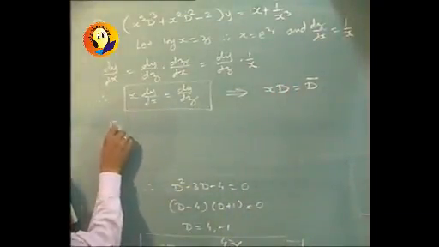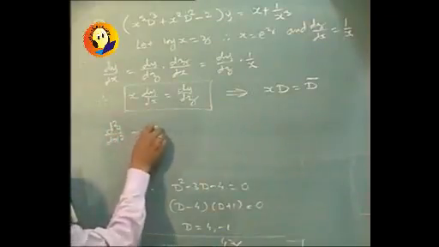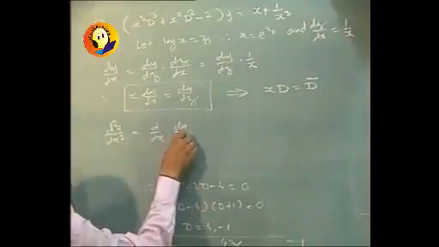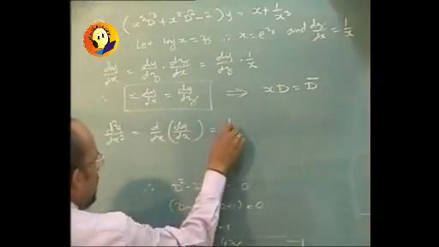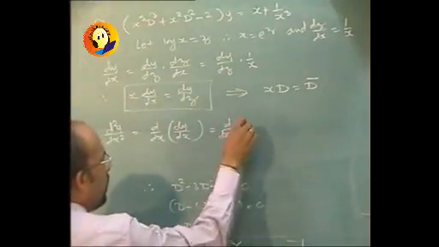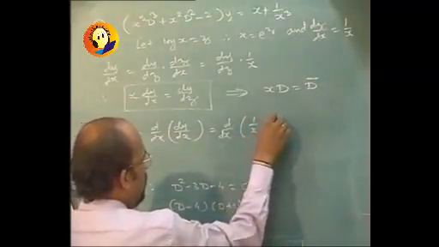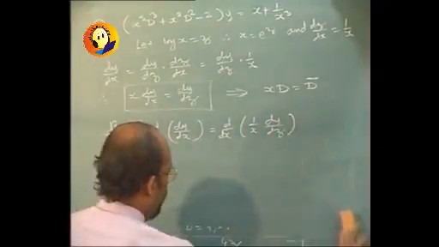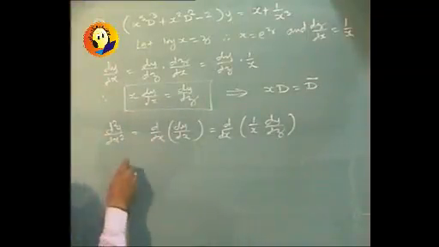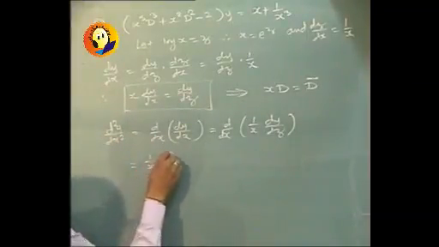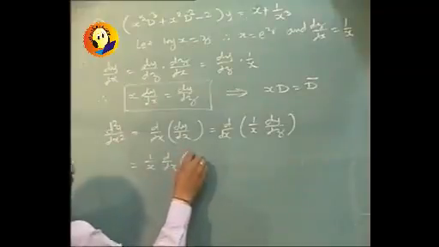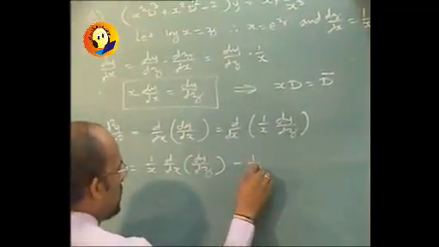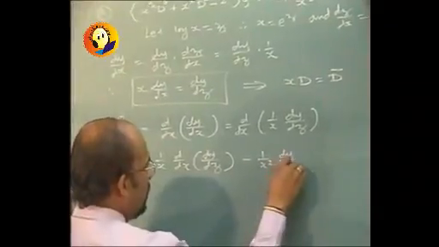To find d2y by dx square, it will be d by dx of dy by dx, which will be written as d by dx of 1 upon x dy by dz, which can be expanded by the product rule of differentiation. It will be 1 upon x d by dx of dy by dz minus 1 upon x square dy by dz.